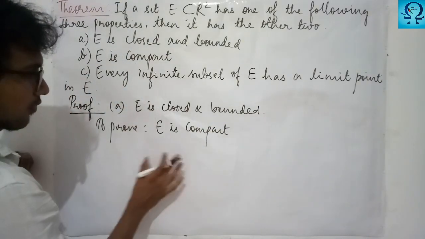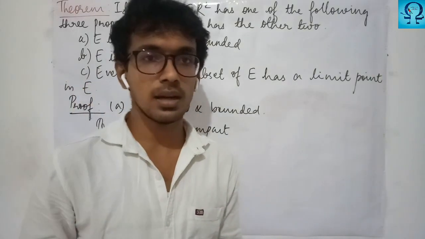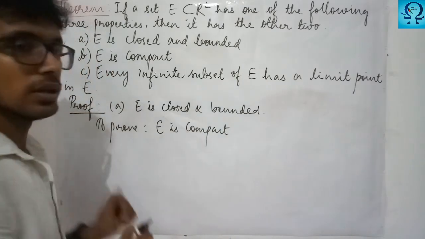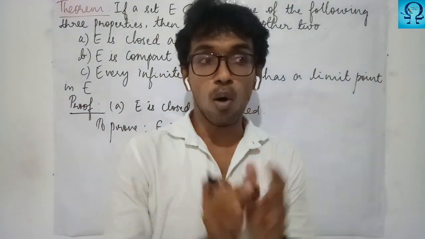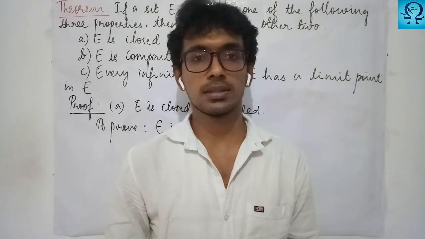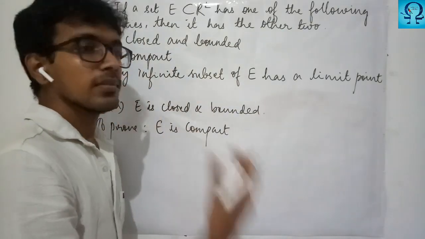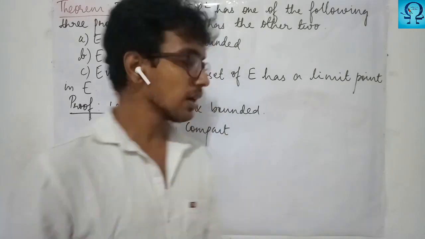E is taken to be some closed set, so this is closed as well as bounded. With this, can you identify some bounded closed set inside a Euclidean space? Yes, we can always identify a case which is bounded as well as closed.